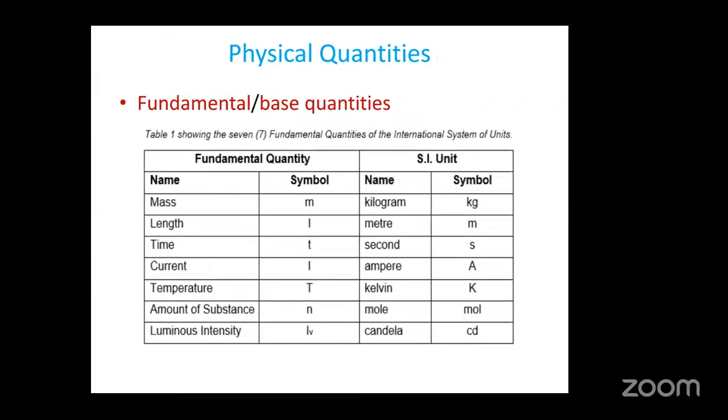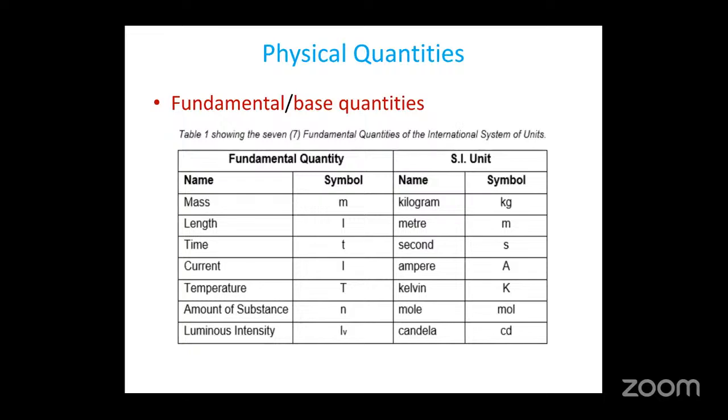Now, the symbols: for mass, we have M, length L, time small letter t, current I, temperature capital letter T, amount of substance N, and luminous intensity I subscript V.